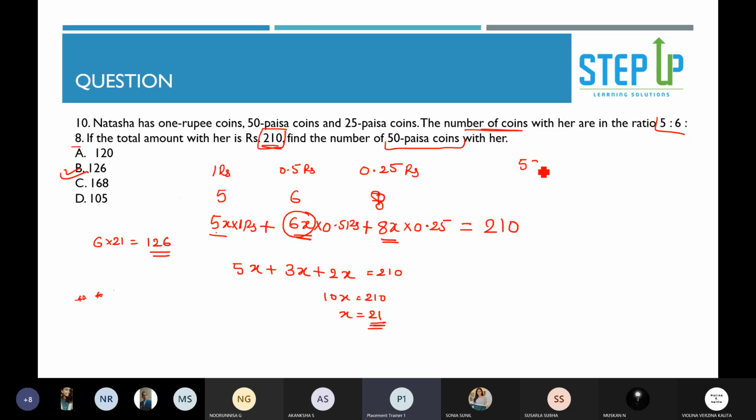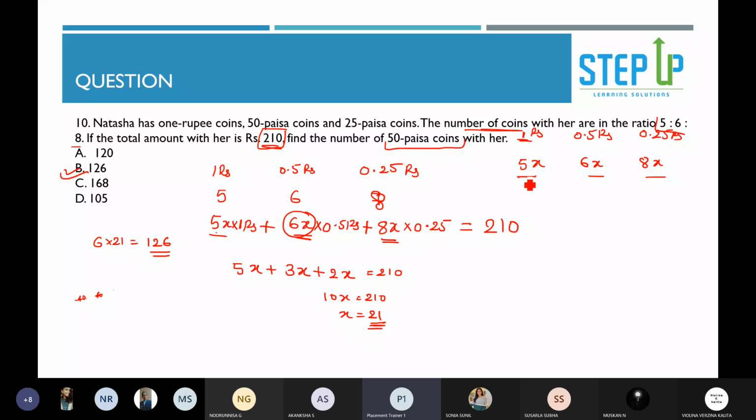So I'll assume 5x coins of 1 rupee she has, 6x coins of 50 paisa, and 8x coins of 25 paisa. But I cannot equate 5x plus 6x plus 8x to 210 because 5x, 6x, 8x are the number of coins. It is not a number of rupees.